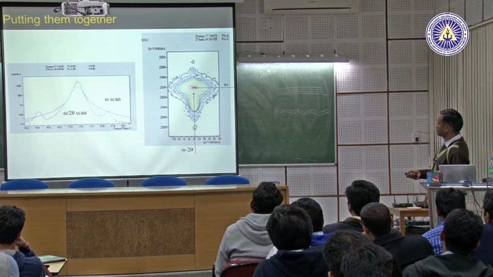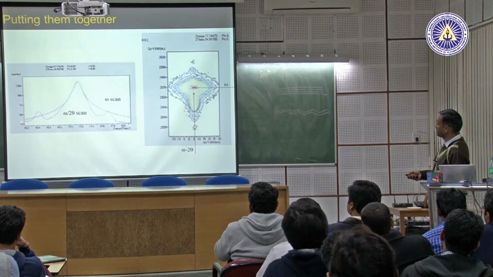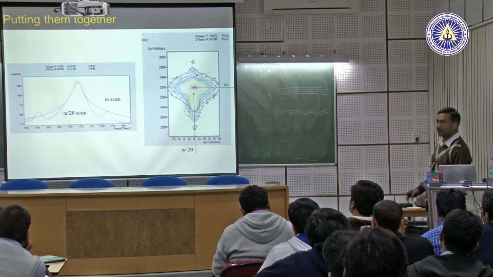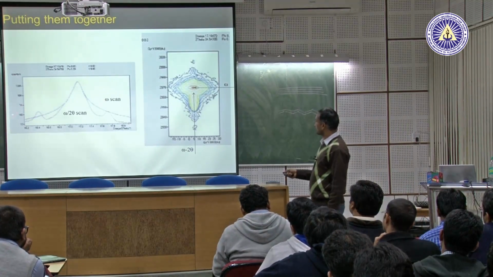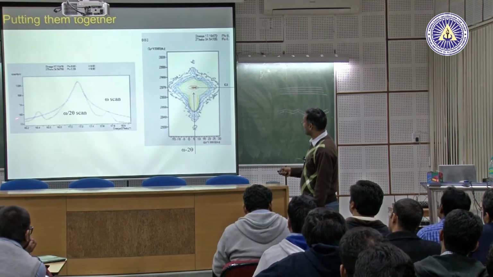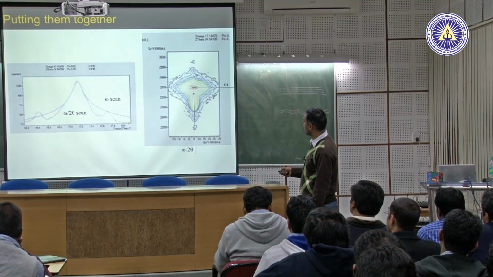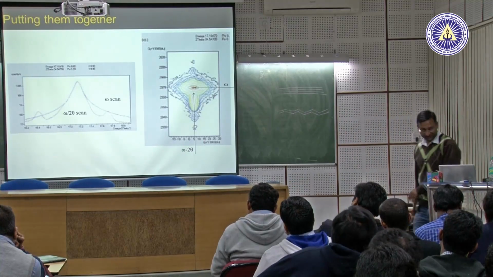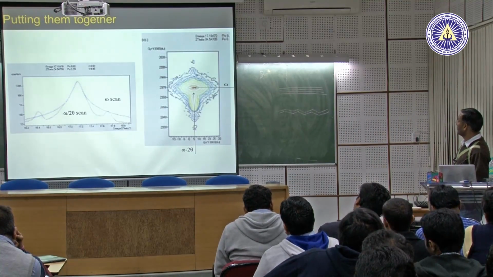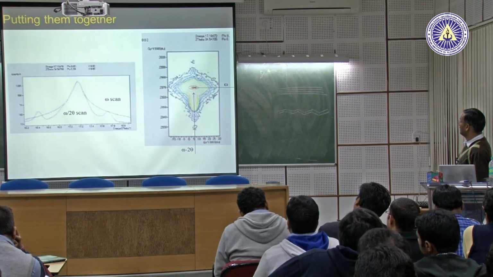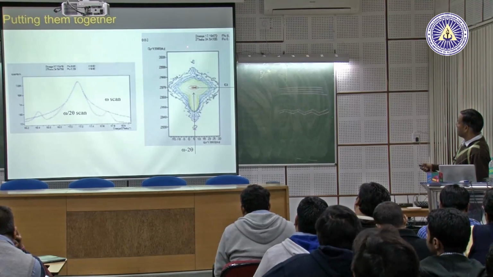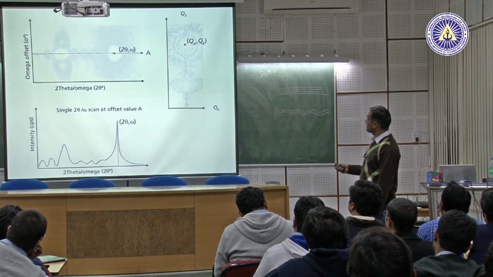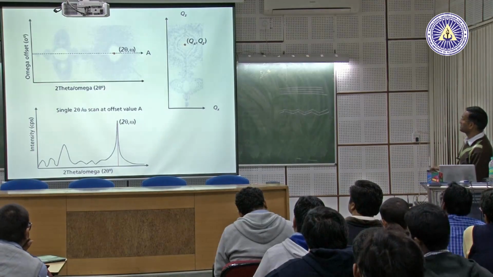The omega 2 theta scan will give you a completely different picture, because you're looking at a much finer picture by coupling both of them. But if you perform only an omega scan, you will get a broad hump only around a particular peak. So in the reciprocal space map, let me come back to the next one. Yes.